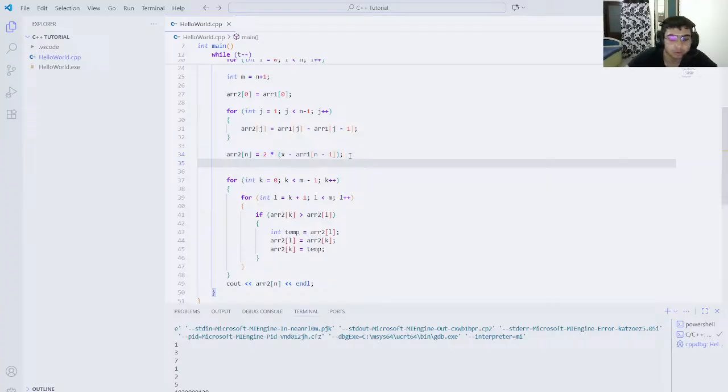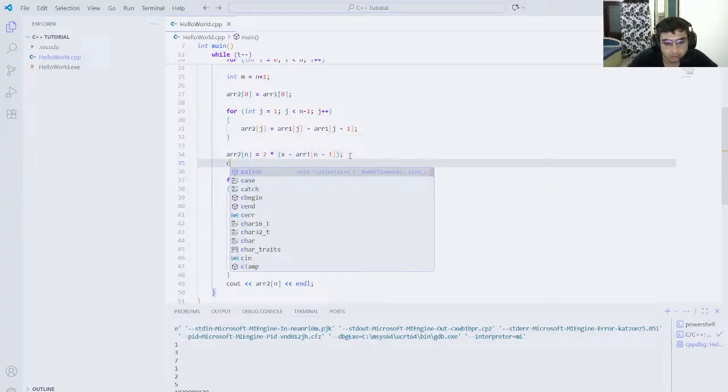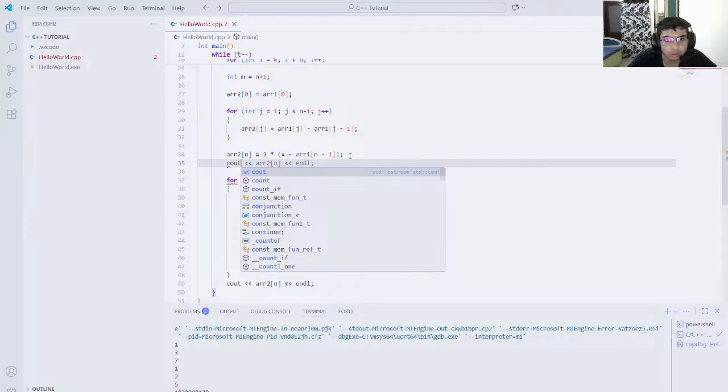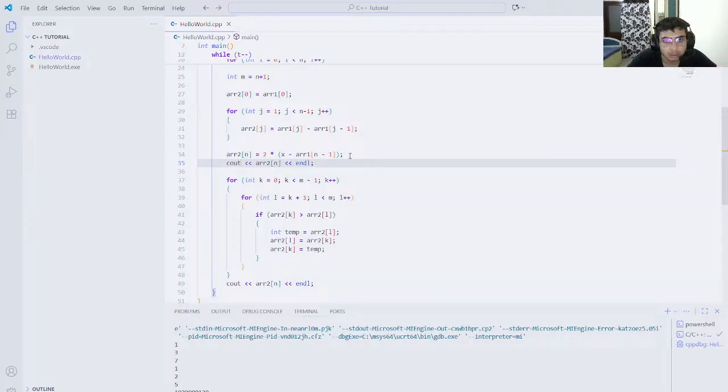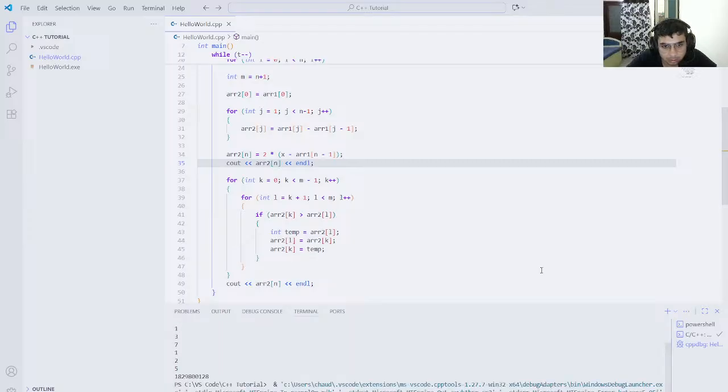Let's just do so, just to know if it is right or not. Compile it once more. g plus plus.